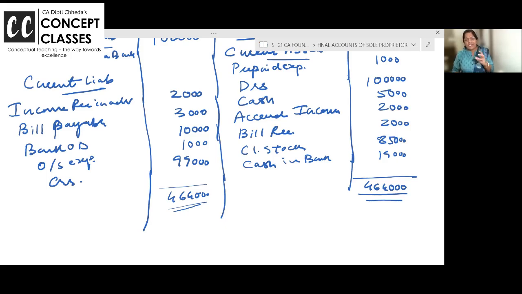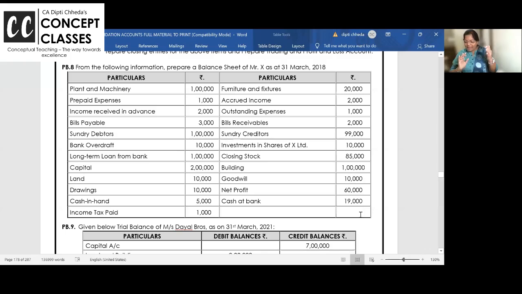Whichever side you feel correct, that total only you write both sides. Don't write different totals in the exam. Okay? So now we have finished with this problem for balance sheet. We have learned how to prepare combined, how to prepare separate, and I'm again saying problems are huge.